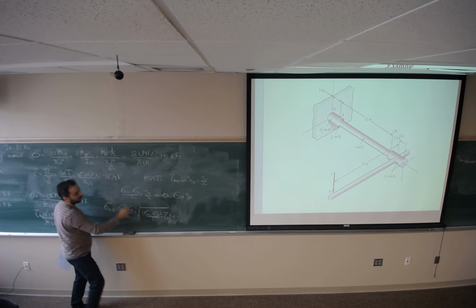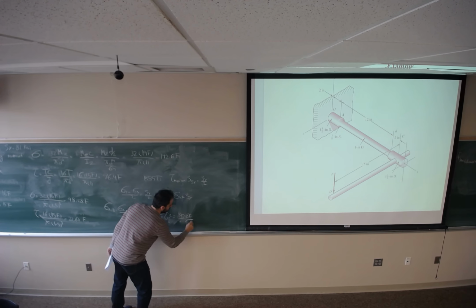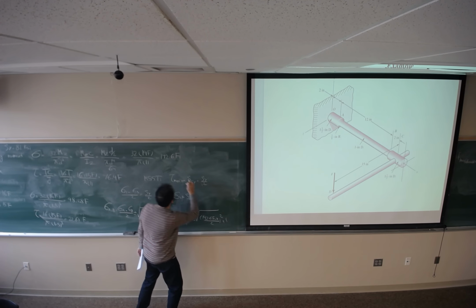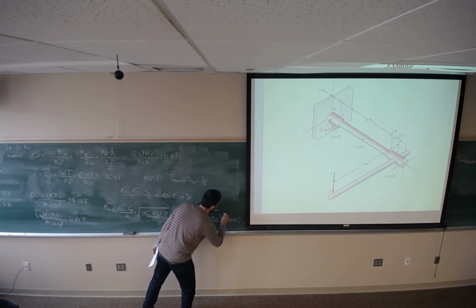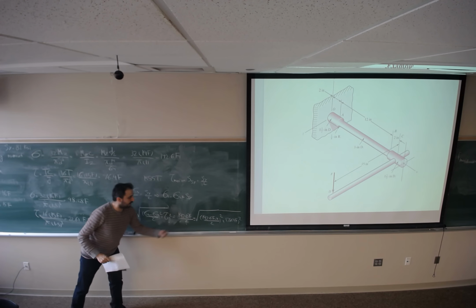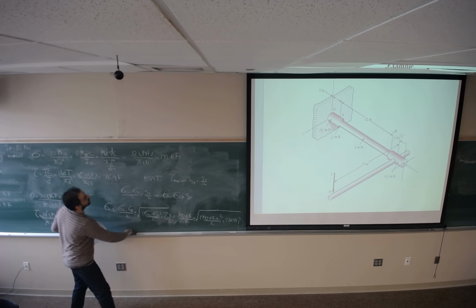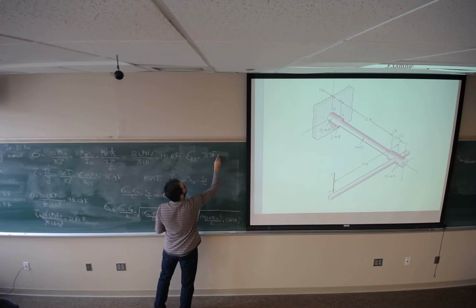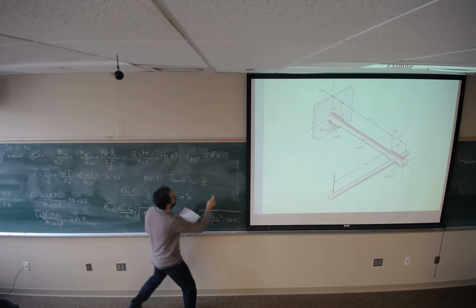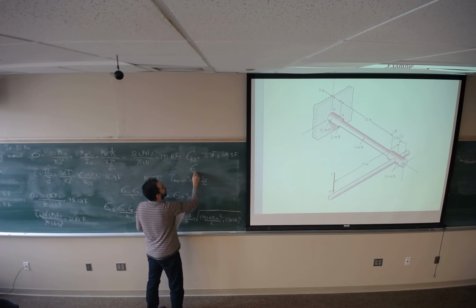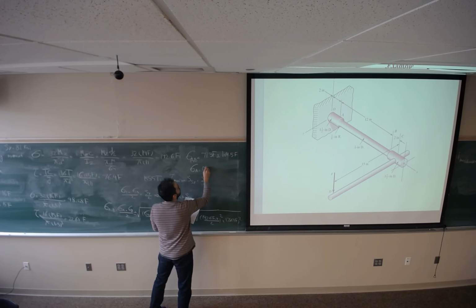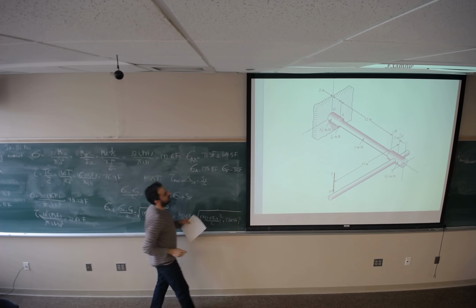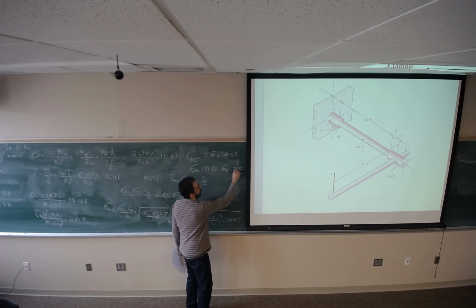Sigma x is 142.6 F, sigma y is 0, and tau xy is 76.4 F. So 142.6 F divided by 2 is 71.3 F, plus and minus inside the square root, it's going to be 104.5 F. So sigma A would be 175.8 times F, and sigma B would be negative 33.2 F.